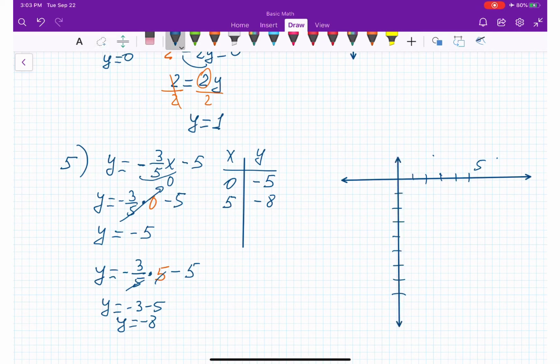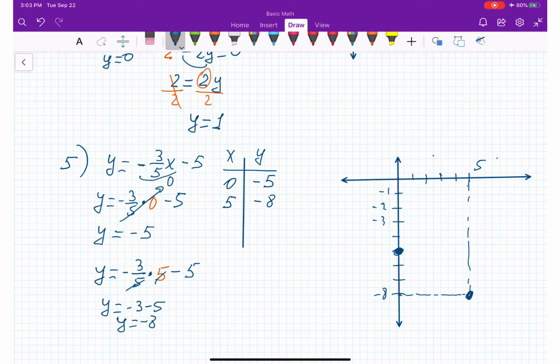So x is equal 0, y is equal negative 5. X is 0, it's like here. Now negative 1, negative 2, negative 3. This is negative 5, right here. X is 0, y is negative 5. Next, x is 5, it's right here, and y is negative 8, which means it's going to come like this and come down like this.